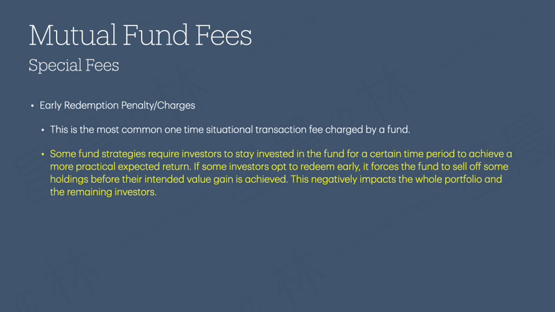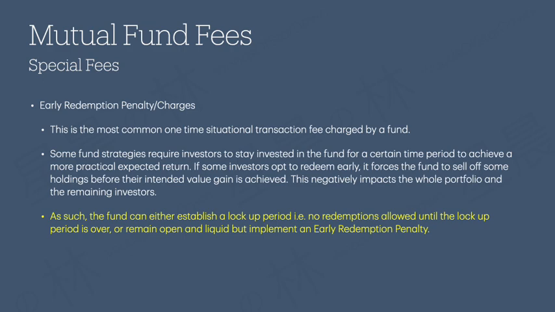be held till maturity. A key risk of an FMP, therefore, is that some investors may redeem the fund before the end of the time period, forcing the fund to exit some of the bond holdings to convert to cash to facilitate the redemptions. The intended returns of the fund are then disrupted as the portfolio has been adjusted, and therefore, the remaining investors are negatively impacted.